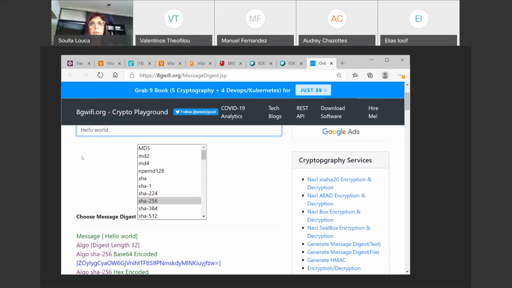I cannot easily figure out that this is my data. So you have this website in the slides. You can play with that at a later time. Let me stop sharing again and go back to the presentation.